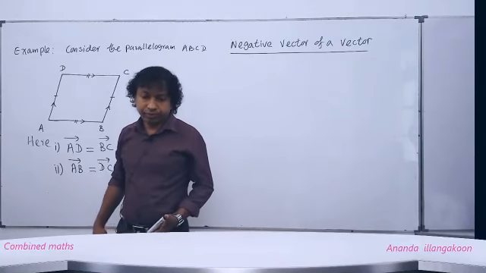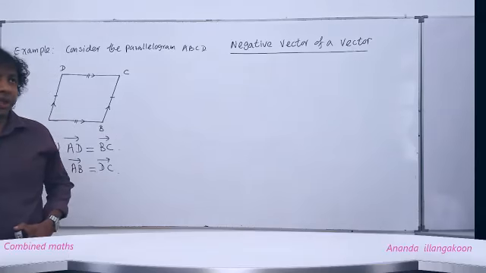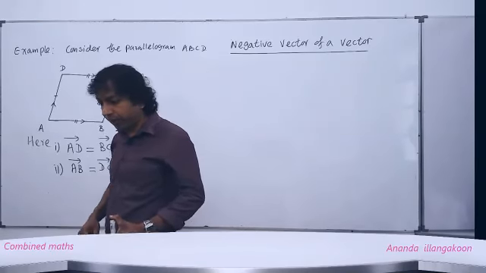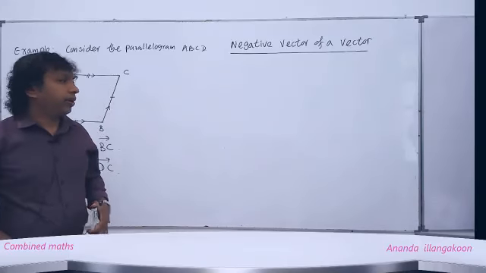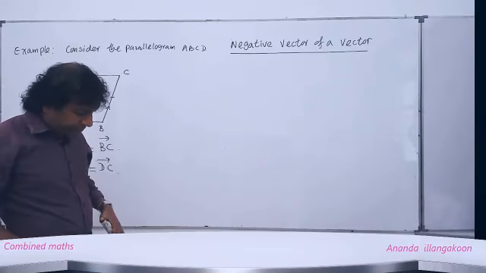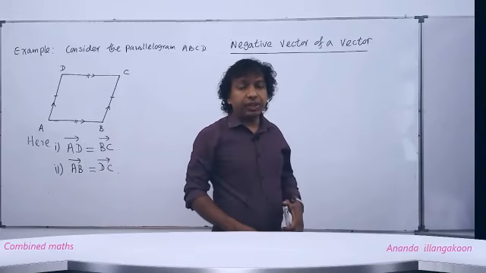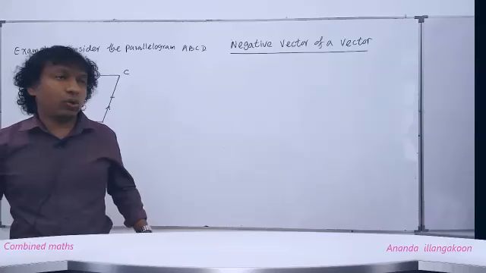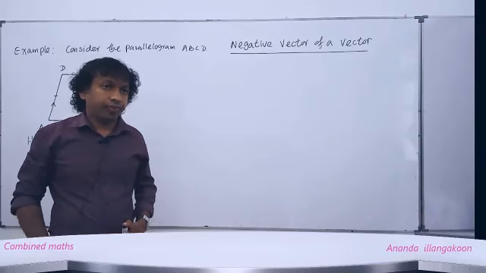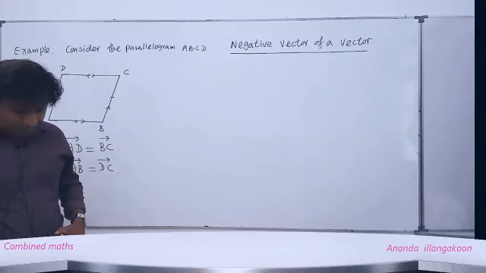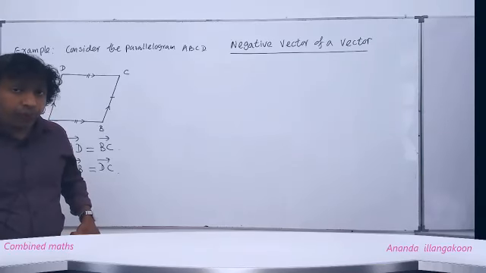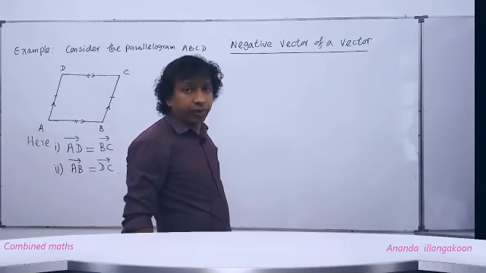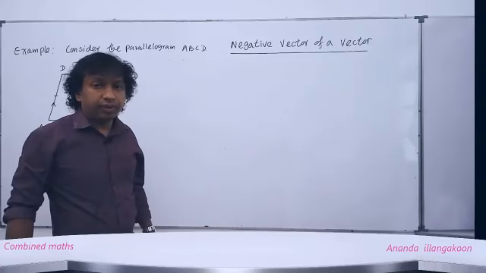The vector we can obtain by reversing its direction is called the negative vector of the given vector.